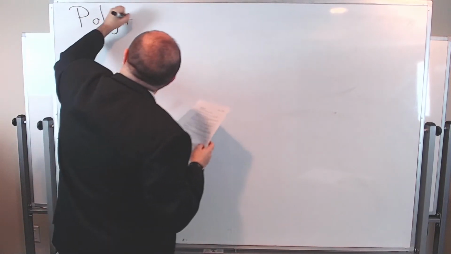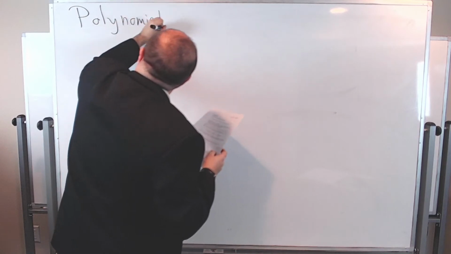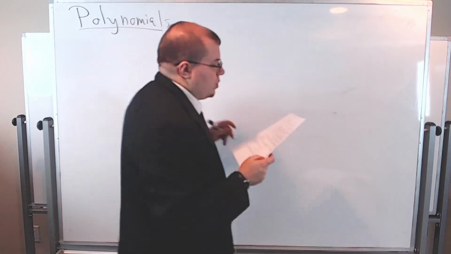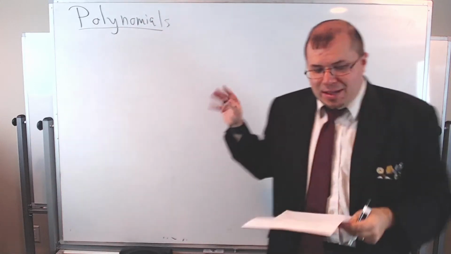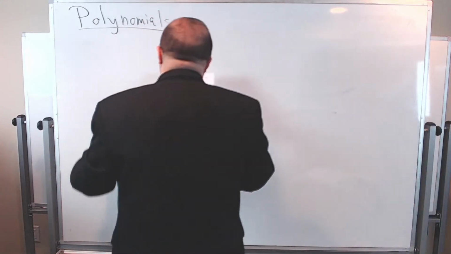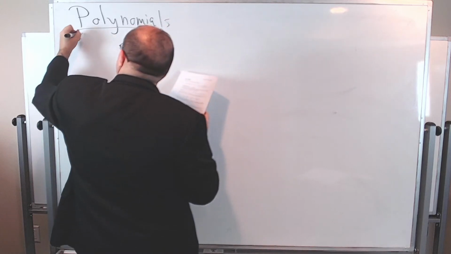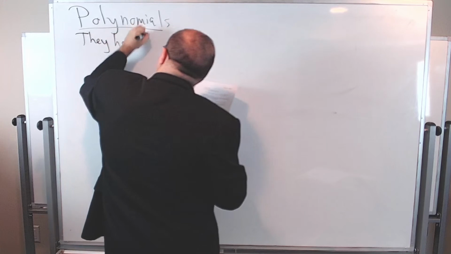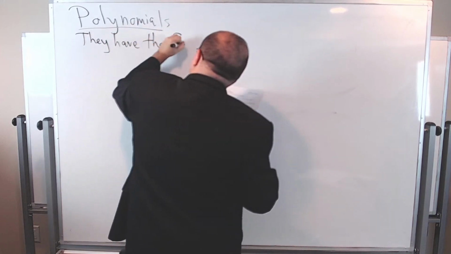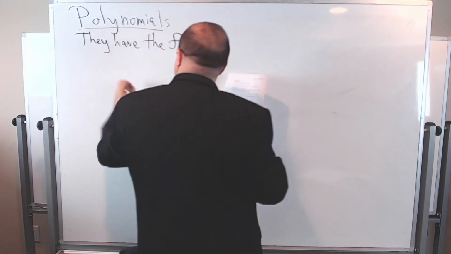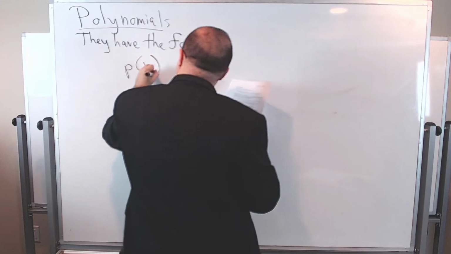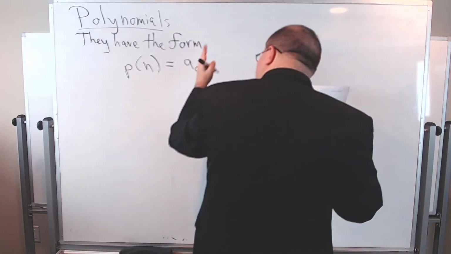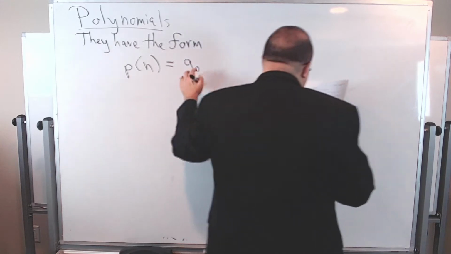Now, this brings me to the first really big trick that I want to show you. It involves polynomials. So, what's a polynomial? They have the form that looks like this. I'm going to call it P of n. Each one of these terms is going to have a coefficient, which is a constant.